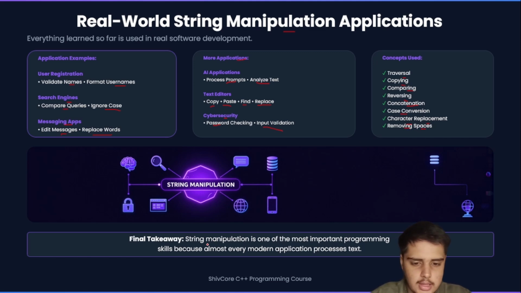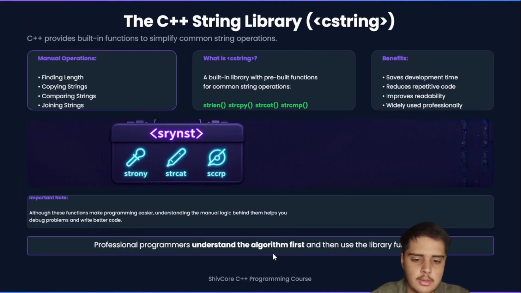So the final takeaway for you is that string manipulation is one of the most important programming skills, because almost every modern application processes text. So, the C++ string library. Here the C string, where C++ provides built-in functions to simplify common string operations. It's very much used.